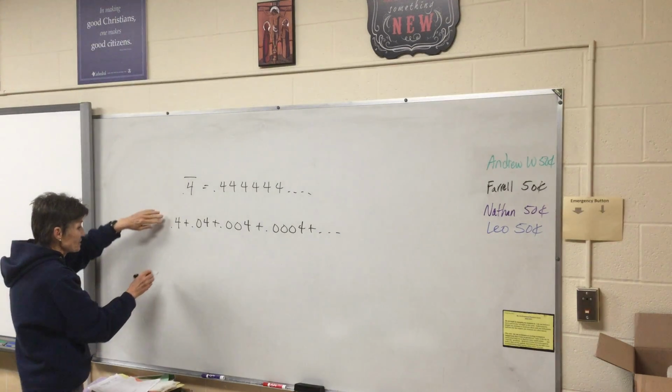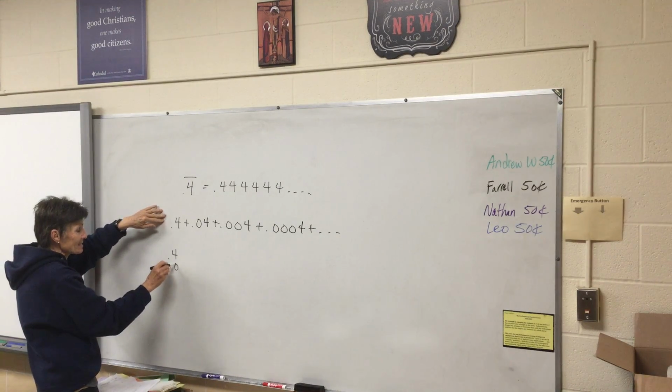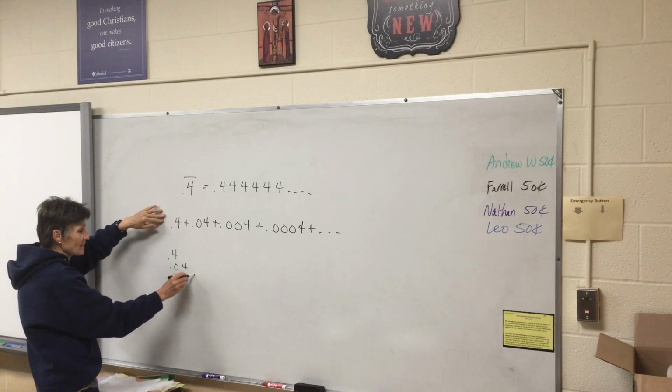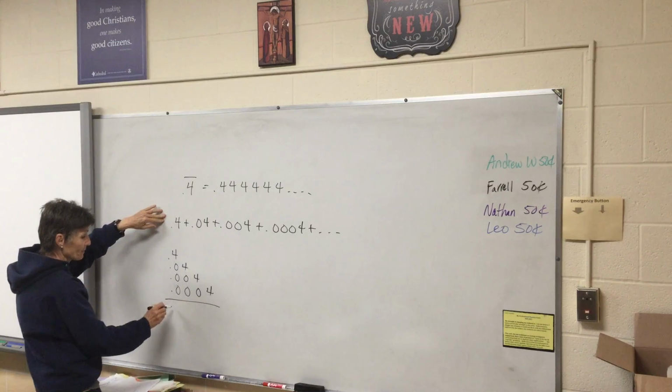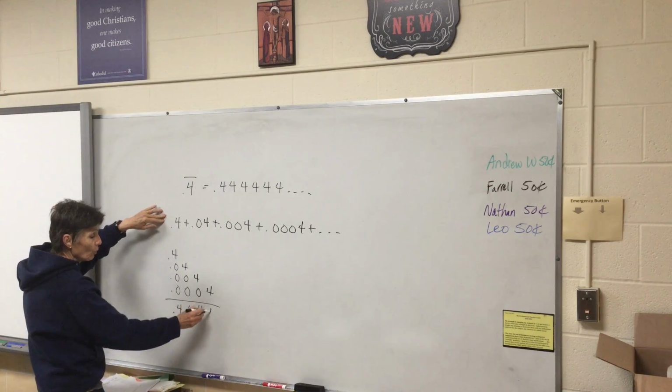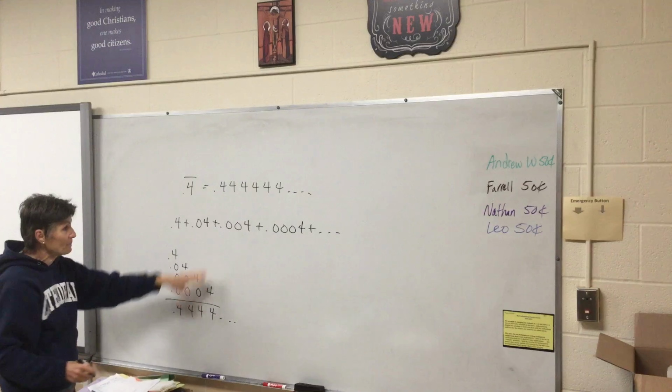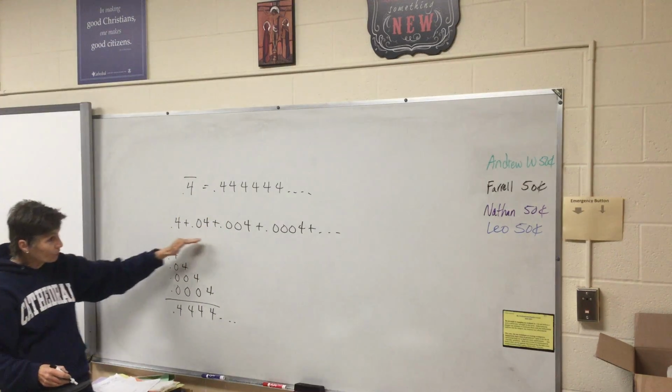I hope that makes sense to you, because remember, when you add decimals, you line up the decimal points. Wouldn't continuing this on forever and ever wouldn't that give me my repeating decimal? Does everybody see how that works?